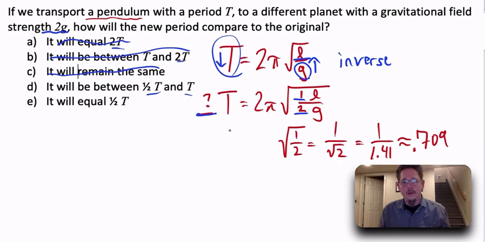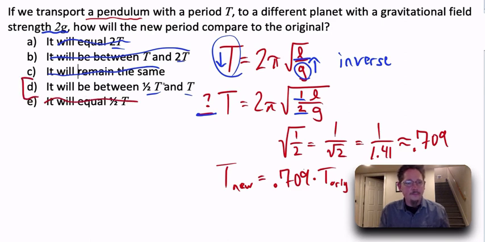So, in other words, our new period is about 0.709 times the original period. So, it's less than 1T, it's more than 1/2 T. And to be specific, 0.709.